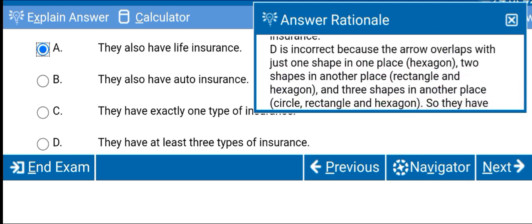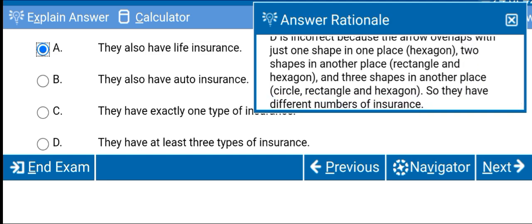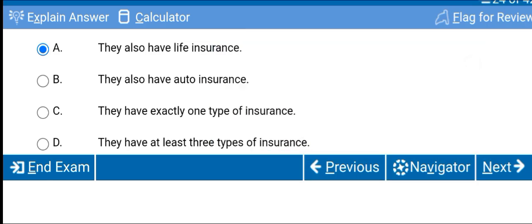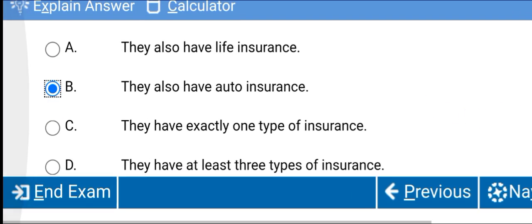D is incorrect because the arrow overlaps with just one shape in one place, two shapes in another place, and three shapes in another place, so they have different numbers of insurance. That's why the other options are incorrect, and the right option is option A, that they also have life insurance.